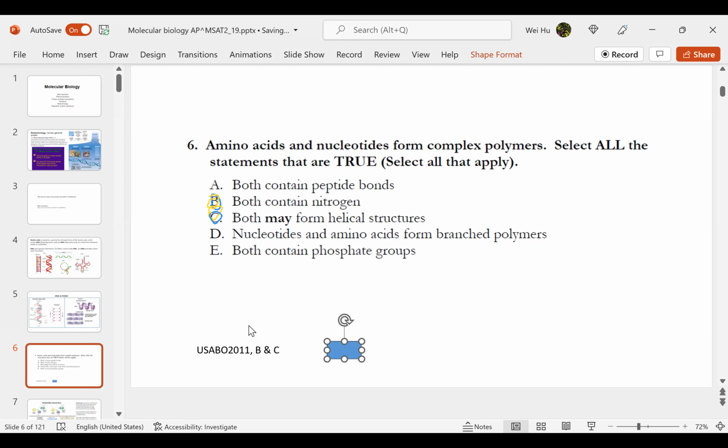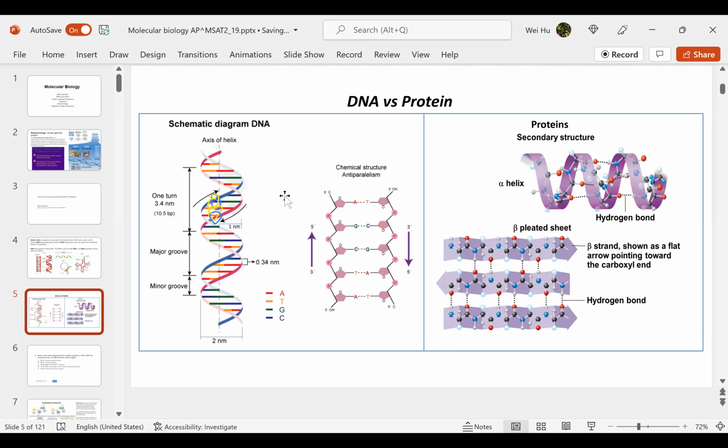Okay, so the answer is B and C, right? C is absolutely right. We just talked about how DNA is a double helix, and for protein you have the alpha helix.